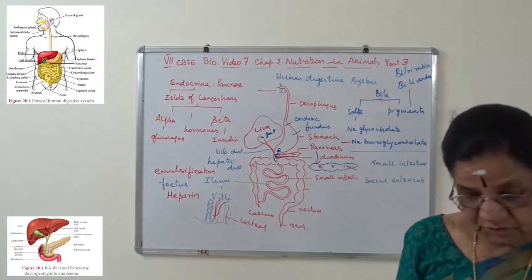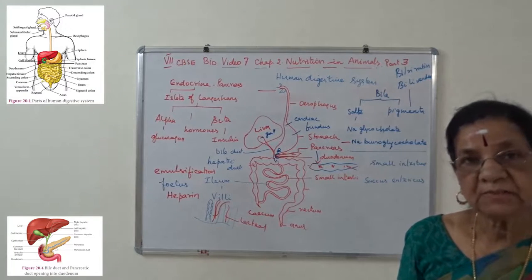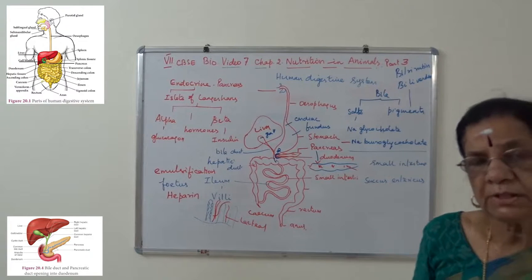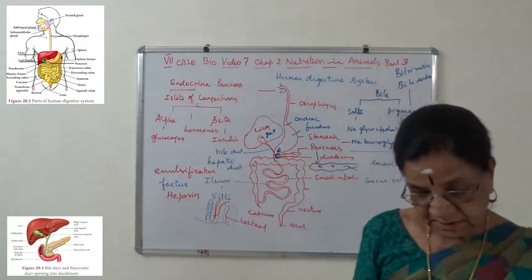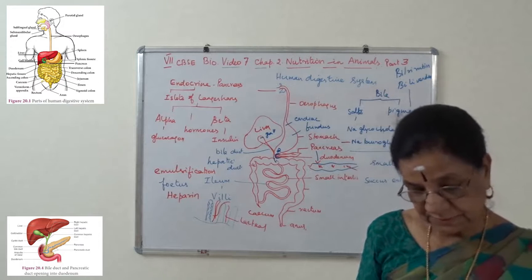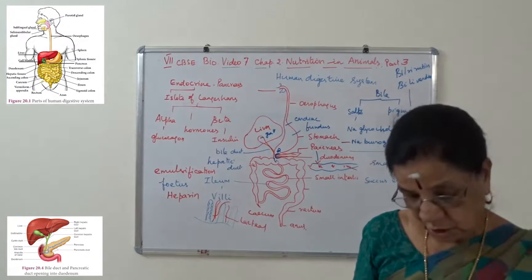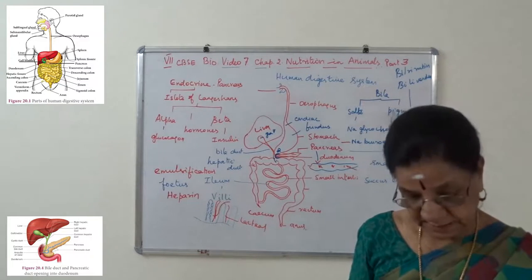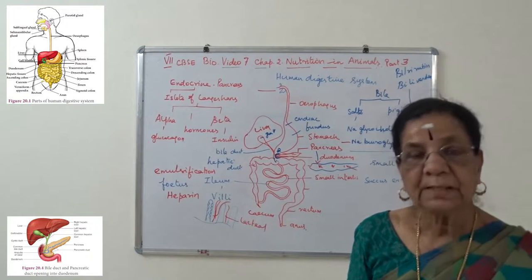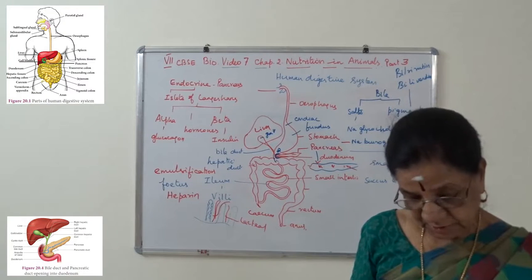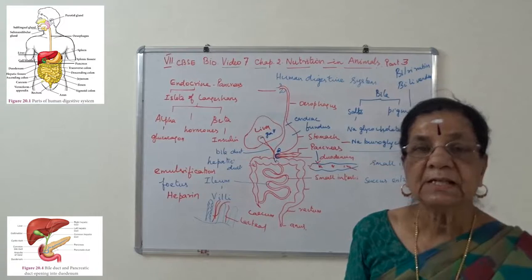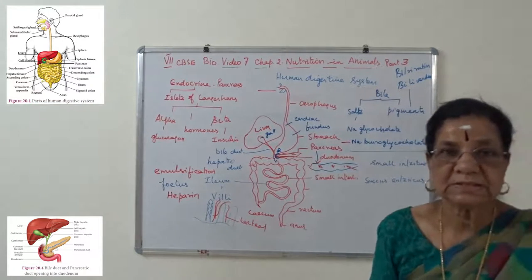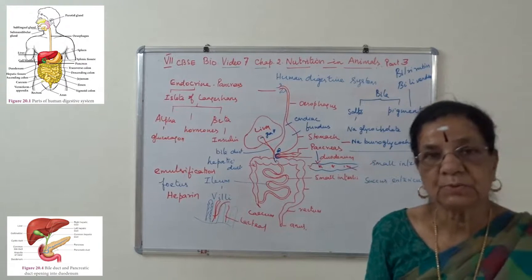So the wall of the small intestine has tiny finger-like projections called villi. This is a villus. This increases the surface area of the wall for absorption of digested food, and these villi are richly supplied with blood vessels, and they absorb nutrients by the processes of diffusion, osmosis and active transport.